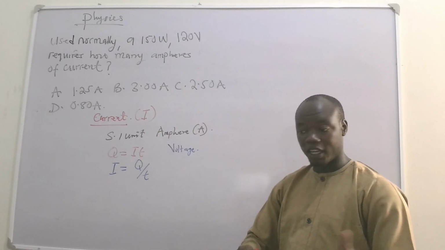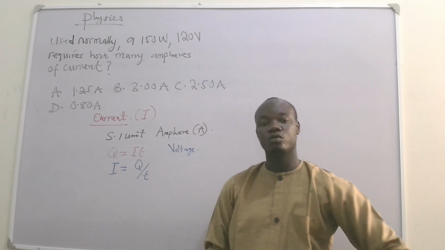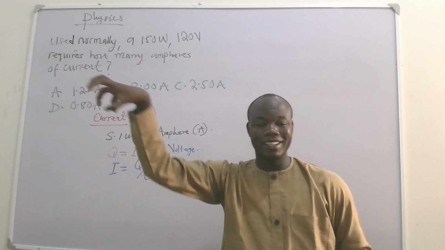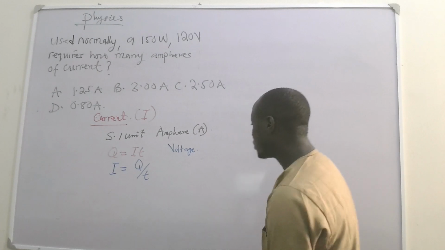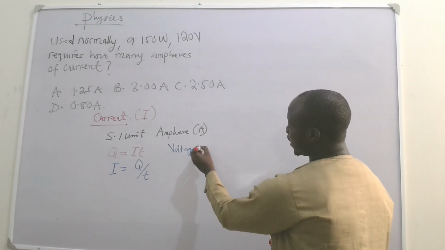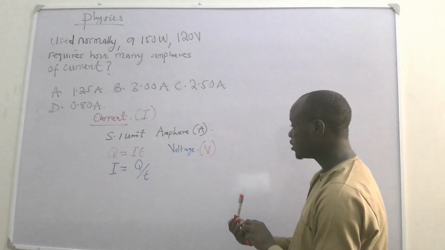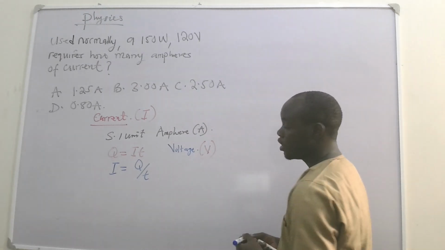But before you have the electricity, there must be a movement of electrons from one point to another. What carries those electrons from one point to another is voltage, and it is represented with capital letter V.